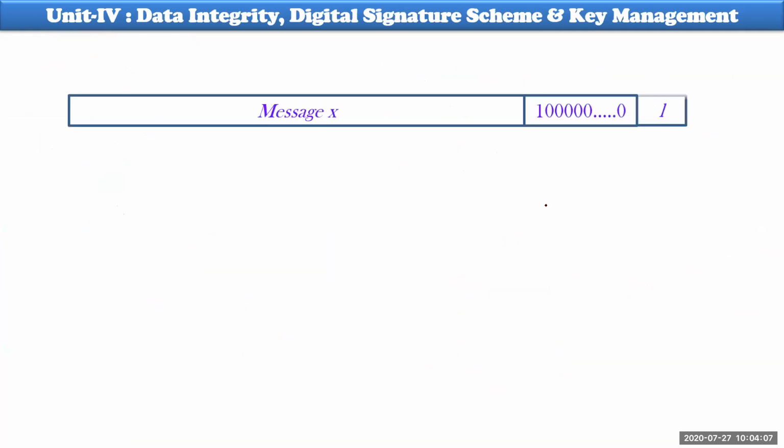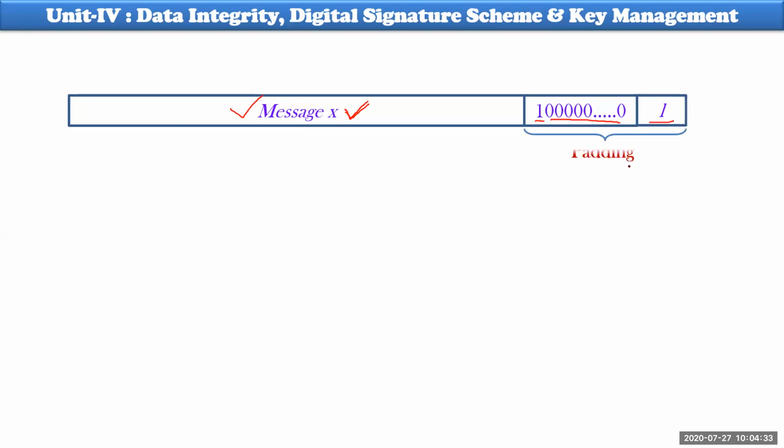How these zeros are placed: this is your message, 448 bits of message. If the message is less than 448, you append 1 followed by several zeros based on the formula, and then the length of the actual plain text bits is maintained here.